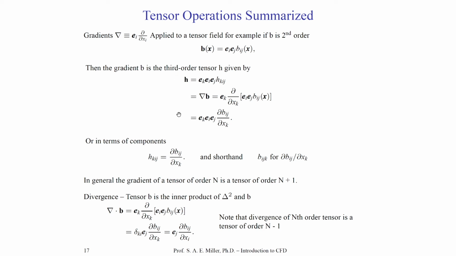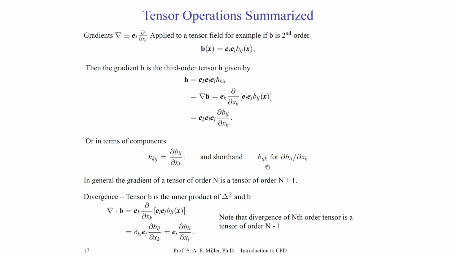So we might write h as e_k e_i e_j partial b_ij partial x_k. Or in terms of components, you might write h_kij equals partial b_ij partial x_k. And you can even write this in a shorthand way, which you'll often see in mathematical manuscripts in the group of partial differential equations. You'll see b_ij,k for partial b_ij partial x_k.